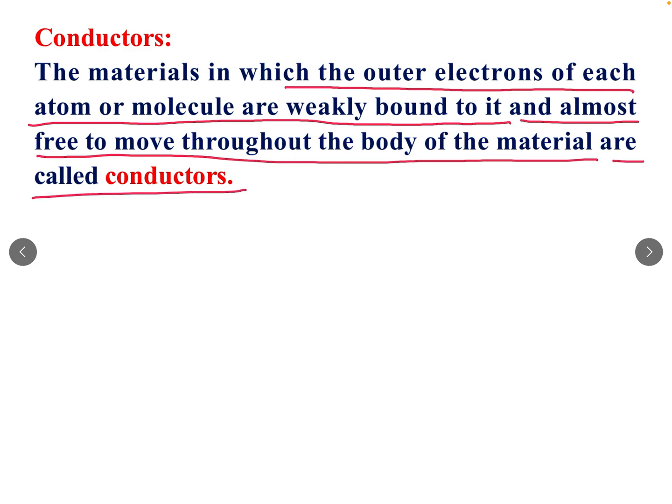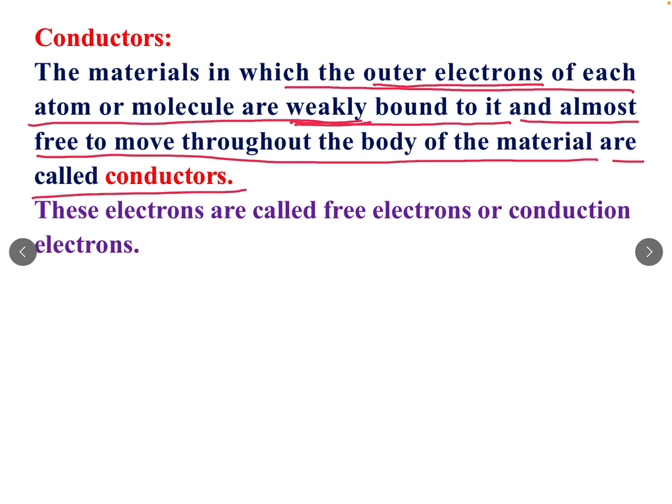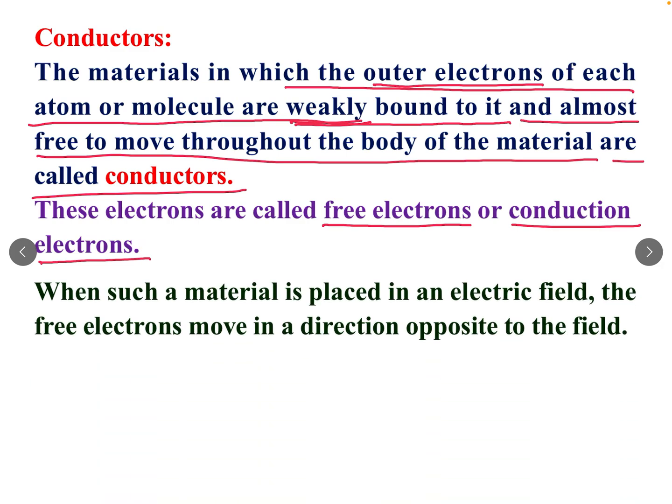Means conductors have free electrons, and the electrons which are present in outermost shell, they are weakly bound to the nucleus and they are almost free to move throughout the material of the body. These electrons are called free electrons or conduction electrons because electricity is being conducted with the help of these electrons.